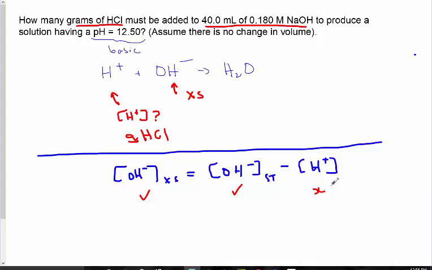So let's rearrange this expression so that we're solving for H+. So I want to isolate H+. So I move that over to the left hand side and subtract from both sides the OH- excess, and I will get H+ is equal to OH- starting, minus the OH- in excess.